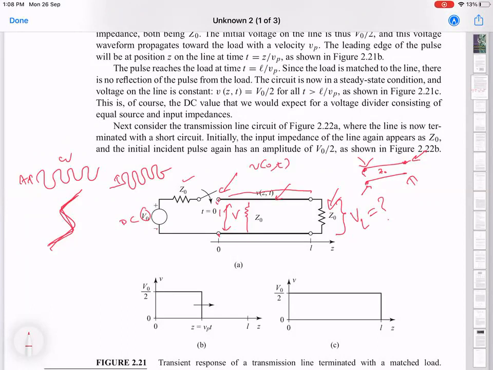So if you plot the voltage versus time at different locations, this is t. This will be at z equal to 0, then a little later point will look like this, a little later point will look like that.